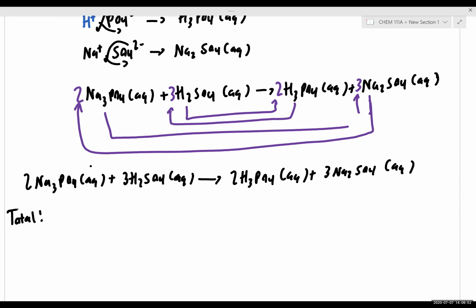It's soluble, right? So we can dissociate sodium phosphate into 6 sodium plus aqueous plus 2 phosphate.